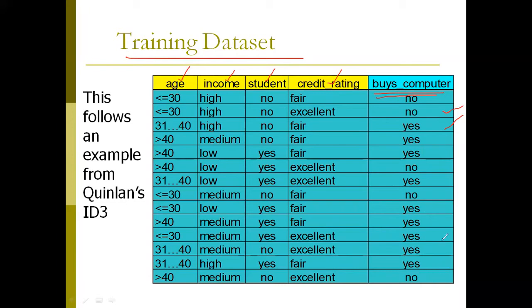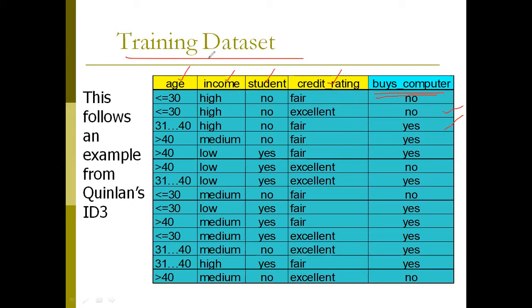So this table is called a training data set. Based on this training data set, we are going to construct a decision tree by using these four attributes. These four attributes are used as either the root node or internal nodes.